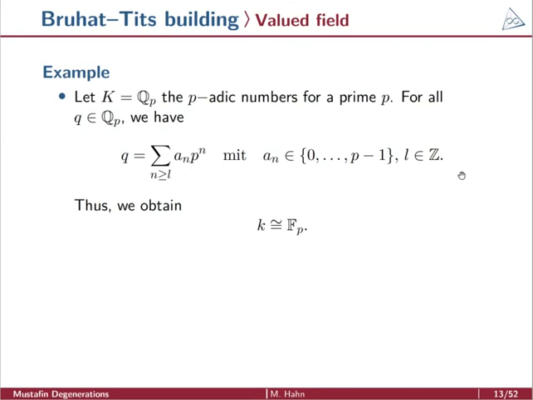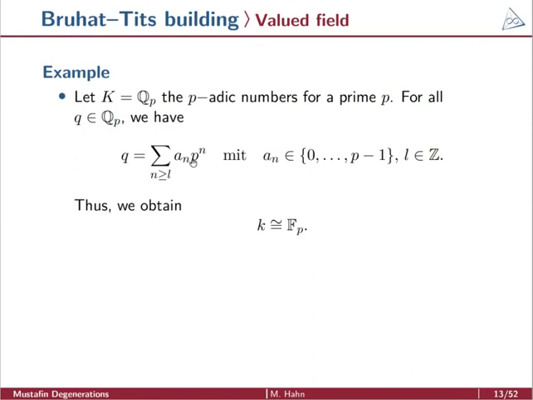And these p-adic numbers have a very cool structure. One cool feature is that every element in the p-adic numbers also admits a series expansion. Very similar to the case of the formal Laurent series with rational coefficients, we have a series expansion that starts at some integer, so we have finitely many negative exponents. But now this series expansion is in p, not in some variable t, but in the prime p.